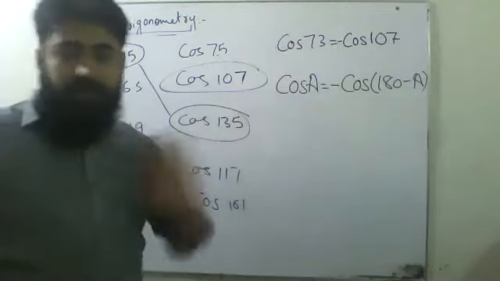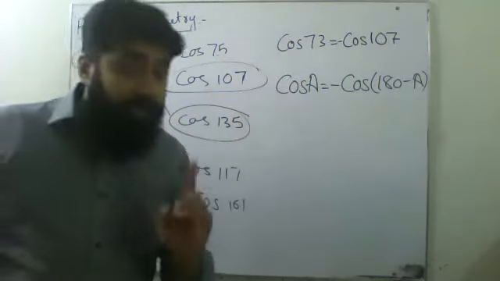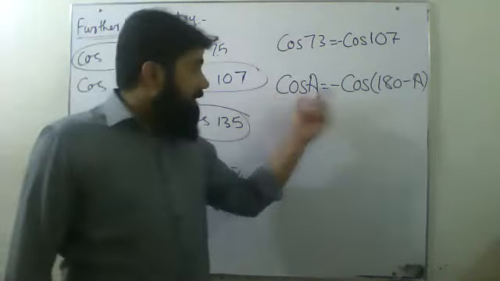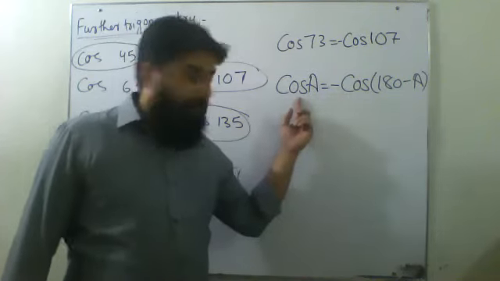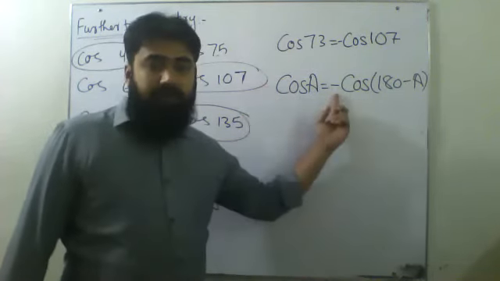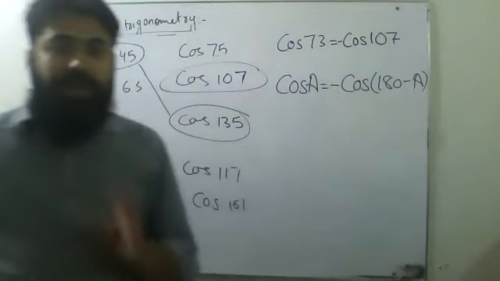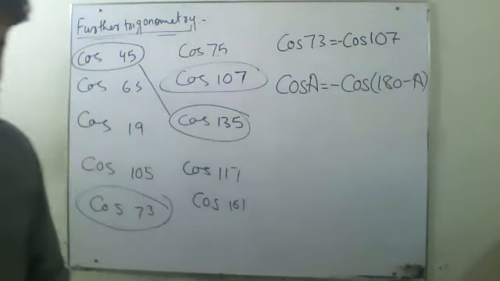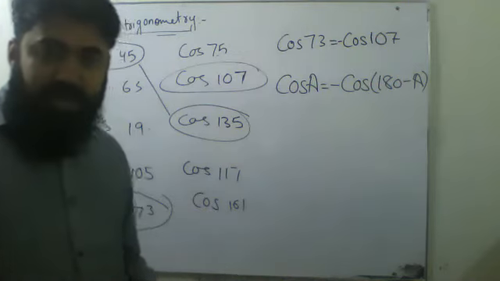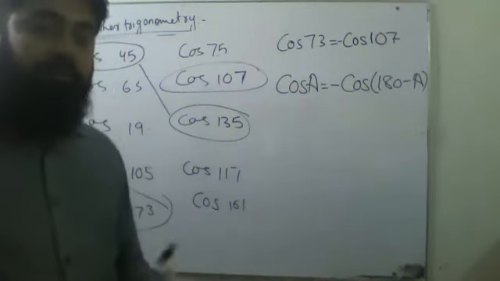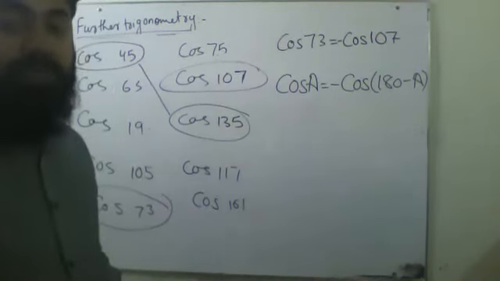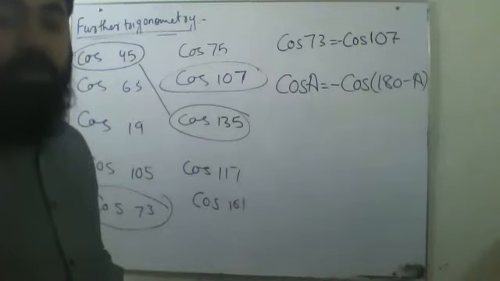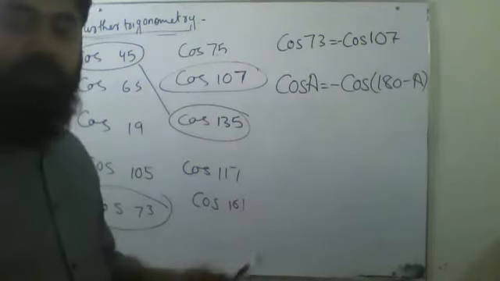It can be shifted over here. It doesn't make any difference. What this is showing is that they are same, but if one is positive, the other one will be negative. That is the only difference. So we are done with sine value and cosine value. Now we will see how it is going to help us to solve a question.